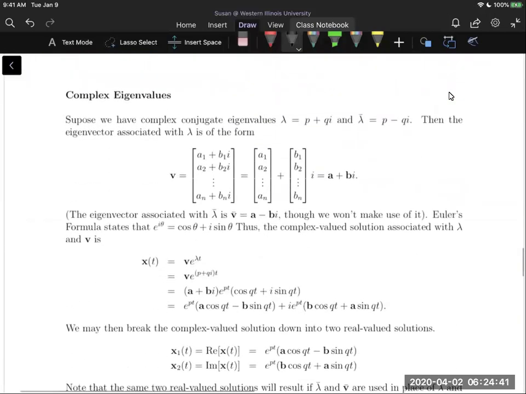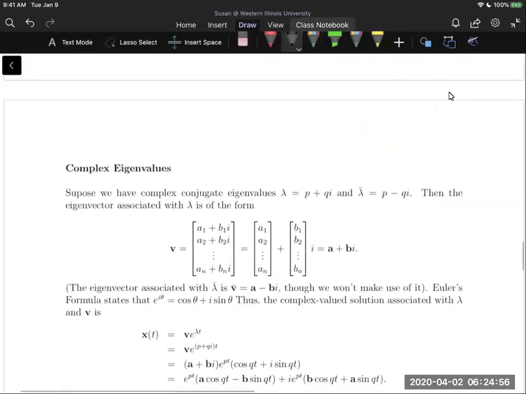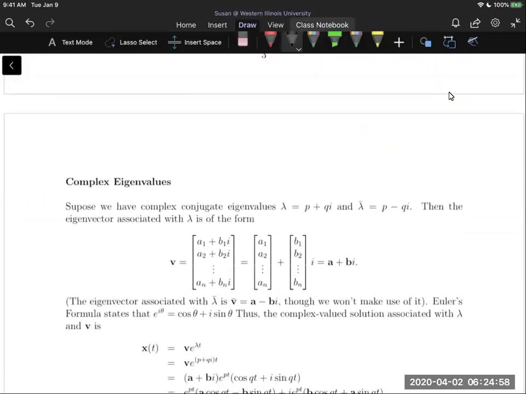All right, so to end this section, we want to talk about complex eigenvalues and how we're going to handle that to find our eigenvectors and then our corresponding solutions. We're going to start off by assuming that we have complex eigenvalues. I have them written here as p plus qi, and the notation with the bar on top is a notation we use in complex analysis, which says this is the complex conjugate.